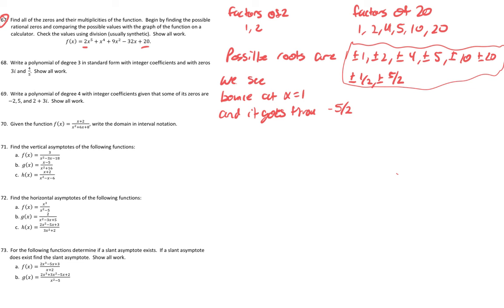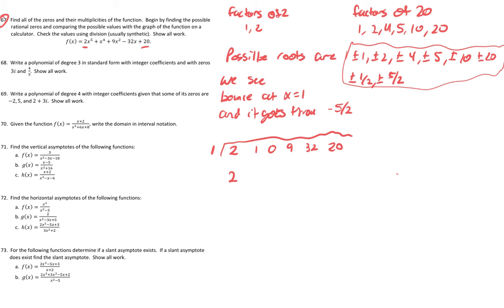So we get 2, 1, there's no cube, so we have to remember that 0, 9, 32, 20, and since we said we go through 1, that'd be a nice easy one to check.